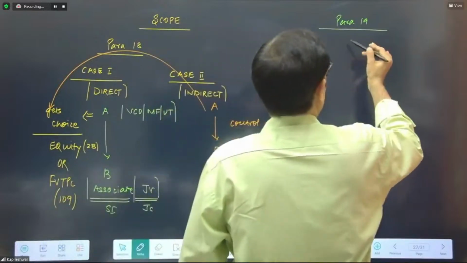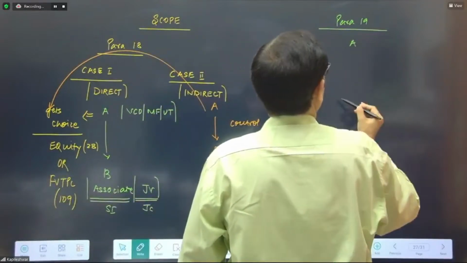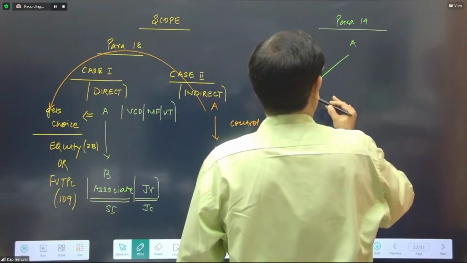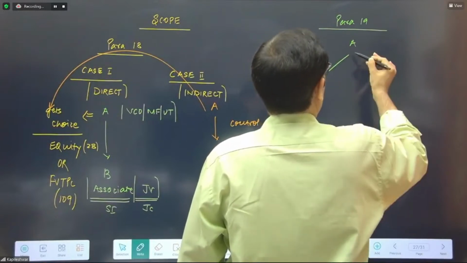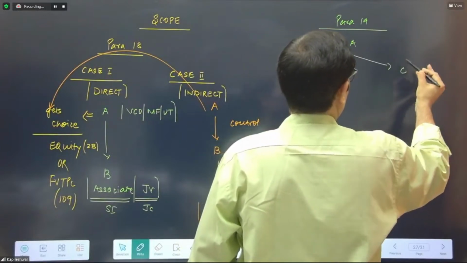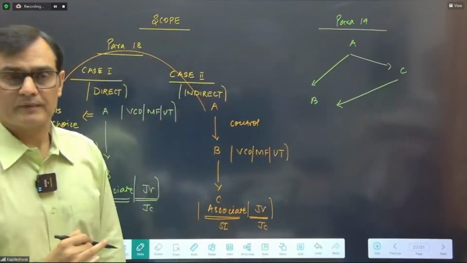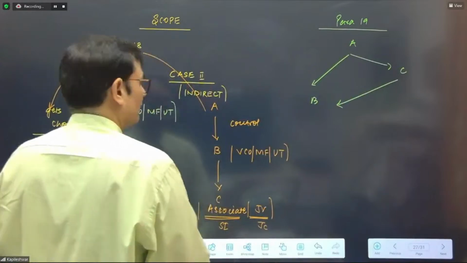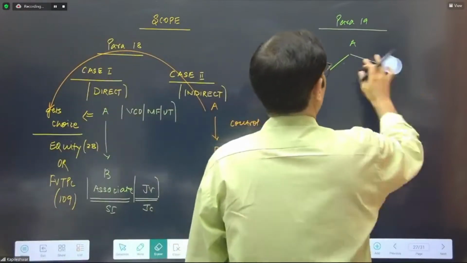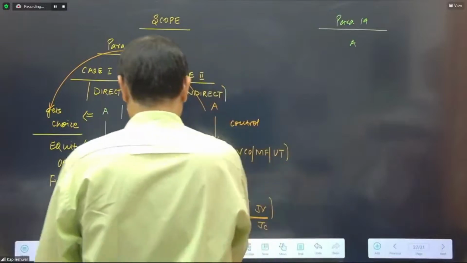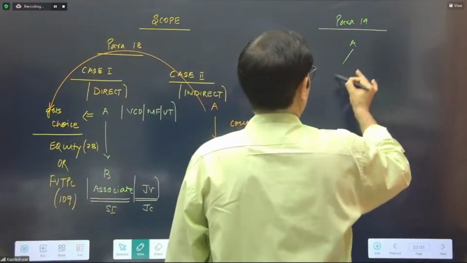Now, let's consider that there is company A, and let's consider there is B, and let's consider C, and C has D. Let's create a better diagram so that you can see things clearly. Let's make it a bigger chain.